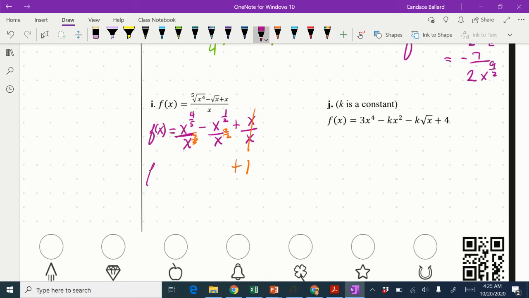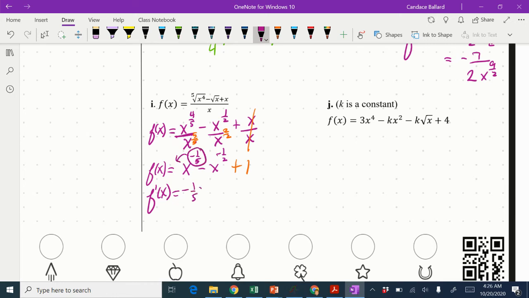So we have that f of x equals 4/5 minus 1/5 would be x to the negative 1/5. 1/2 minus 2 halves would be x to the negative 1/2. Now we are ready to take our derivative. So I use my derivative notation and take the exponent and move it in front.